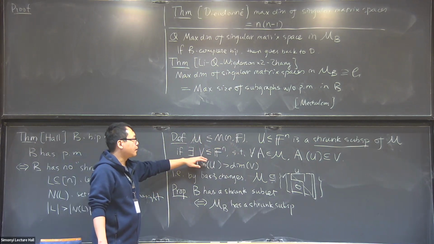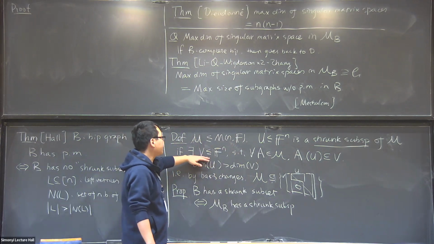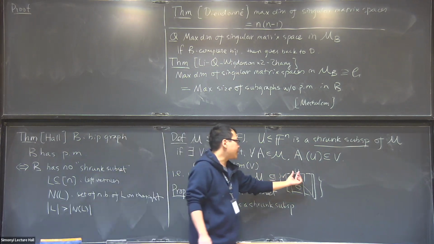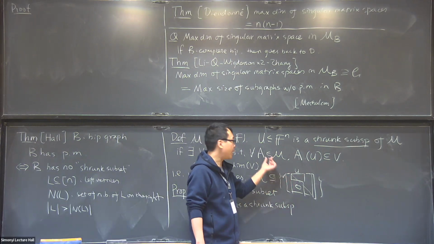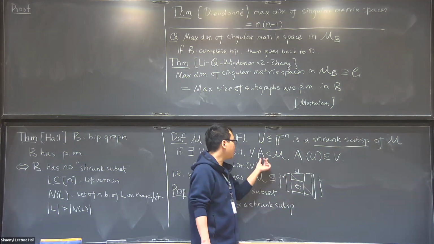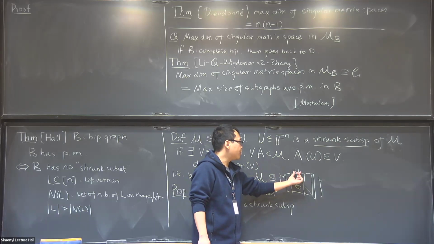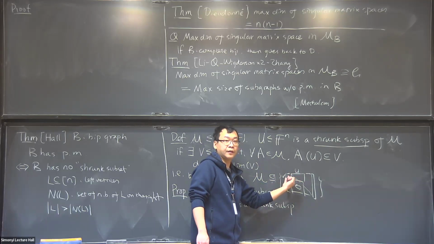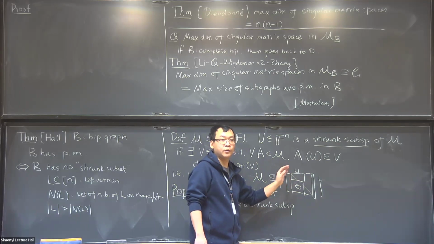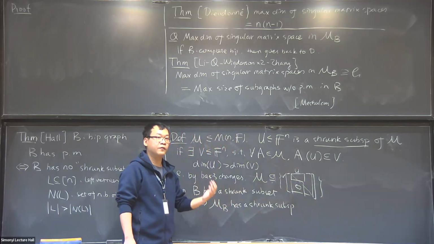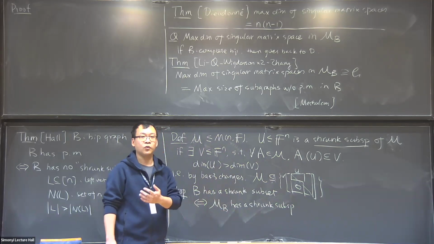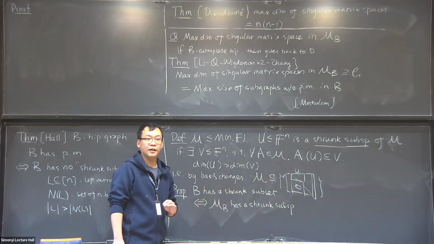We want, yeah, no, I think it's equivalent. We want essentially this is saying that there is some target V which holds for every A in M. Every A in M should send U to this smaller dimension V. It's not like for this A you have some V corresponding to A, and for that A prime you have some V prime. It's not like that. It's not equivalent.